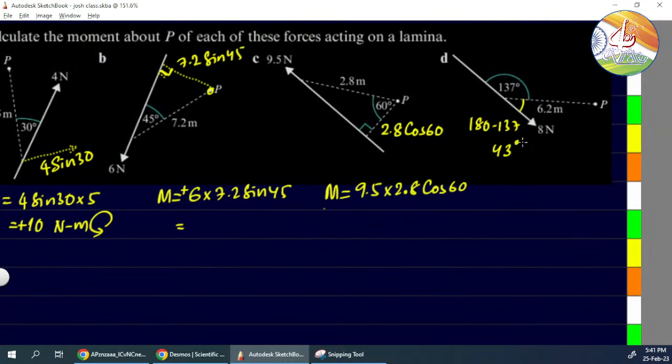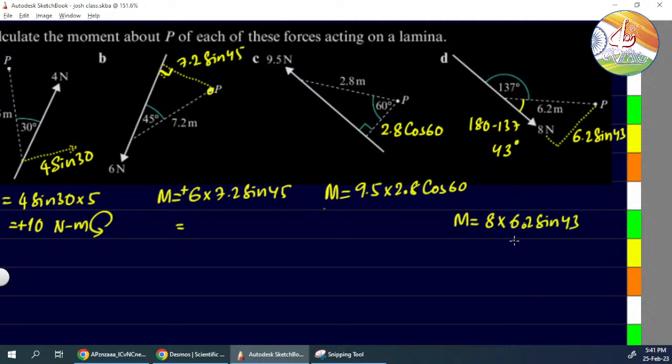Yes, 43 degrees. Now we can either go ahead and take a perpendicular component of force, or you can find the perpendicular distance. Perpendicular distance will come somewhere here. Okay. Yes. Perpendicular distance is 6.2 sine 43. So moment will be 8 Newton, which is the force, times 6.2 sine 43.